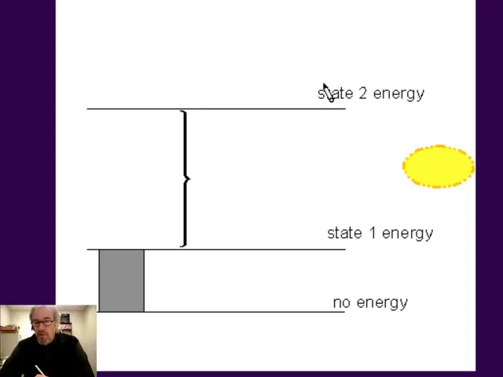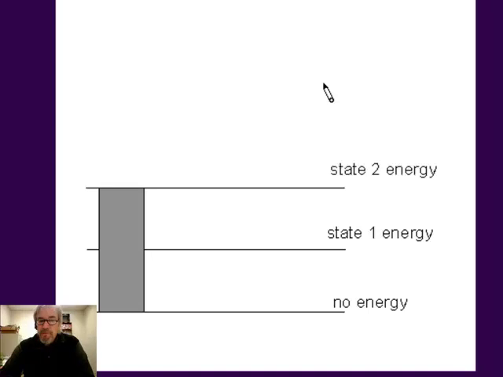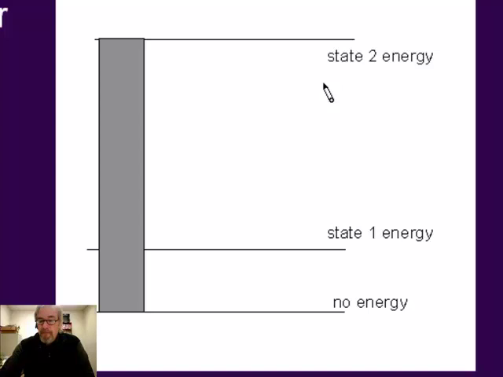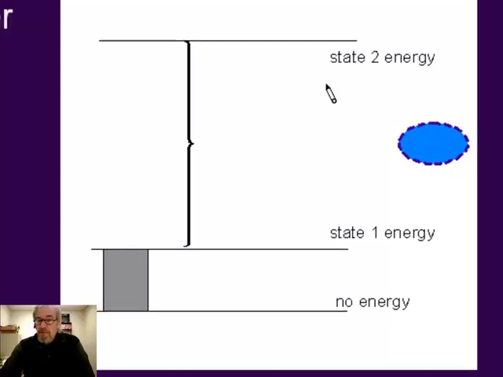Or, if light is absorbed by the atom, that will be just enough energy to jump it from state 1 up to state 2. A small difference in state, if state 2 and state 1 are very close together, you're going to get red light because it doesn't have as much energy. A big difference in energy, if state 2 and state 1 have a very large gap, you're going to get bluer light. And then other colors are going to come from gaps that are not on the extremes.